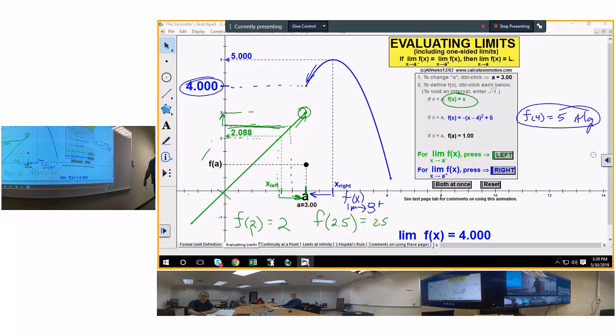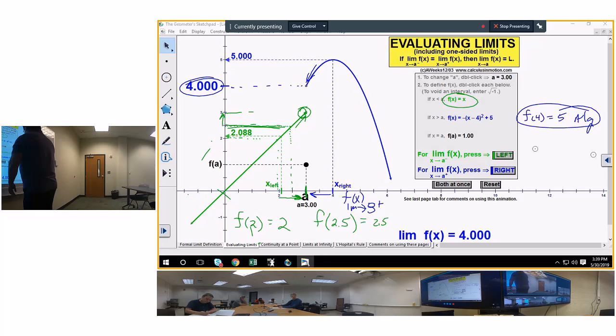But if I ask you for the limit as x approaches 3 from the right, you're going to say that it's approaching 4. Of course, you don't have to say approaching 4. You just have to put 4, because the question is a limit question.